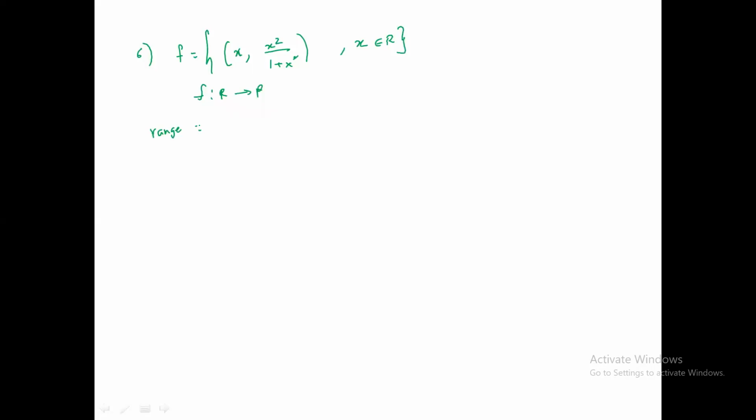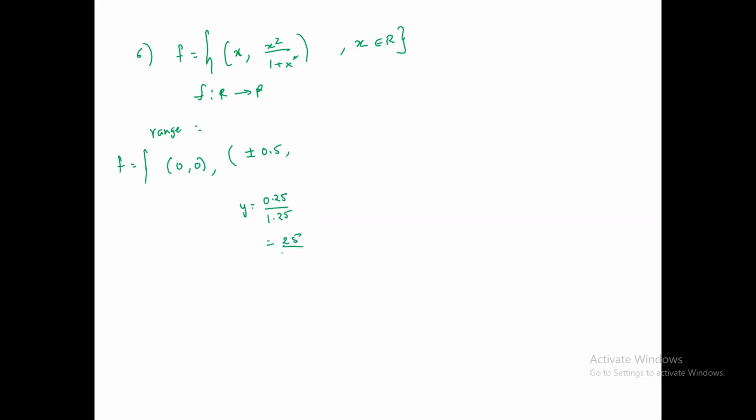So, if you put the values, because x is a real number, when you put x as 0, you will get (0, 0). When you put x as plus or minus 0.5, you will get y as 0.25 by 1.25.